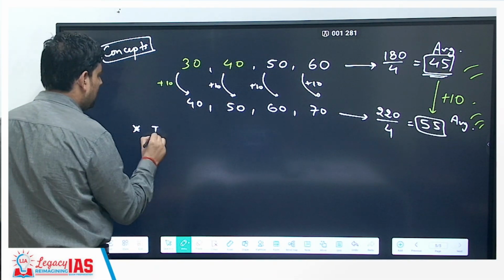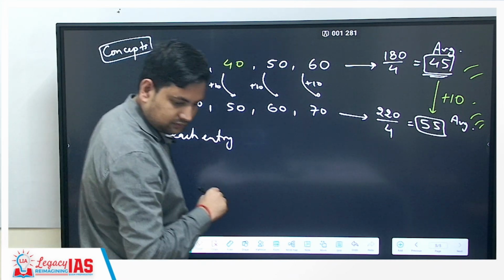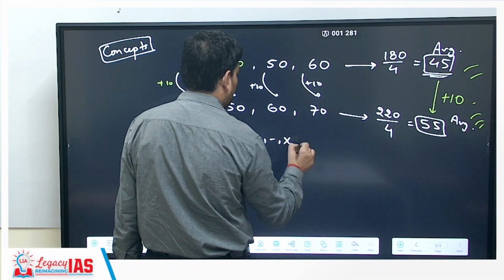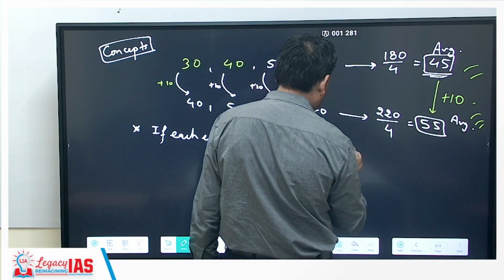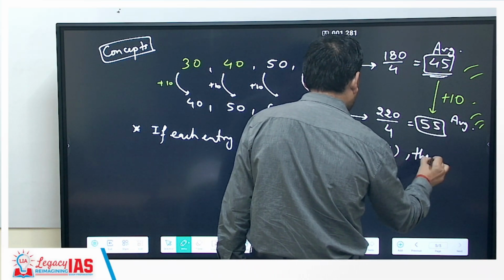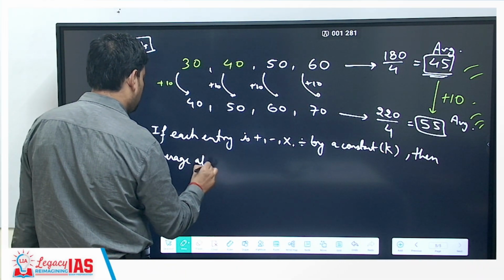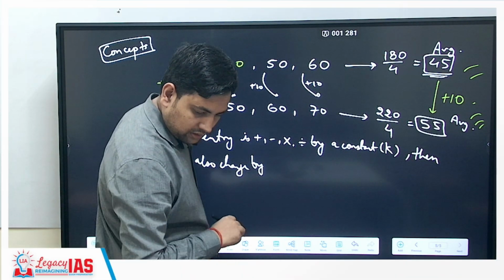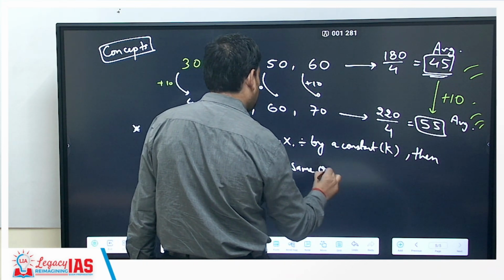You can write, if each entry is changed by a constant k, then the average also changes by the same operation.